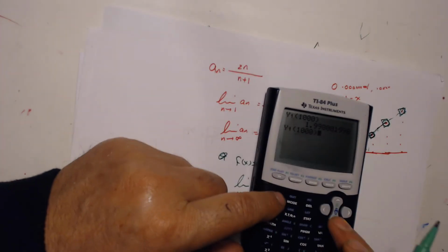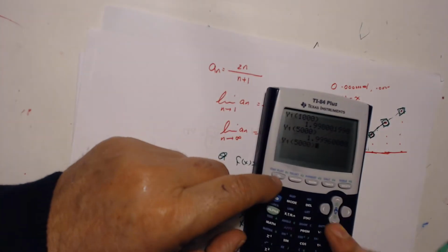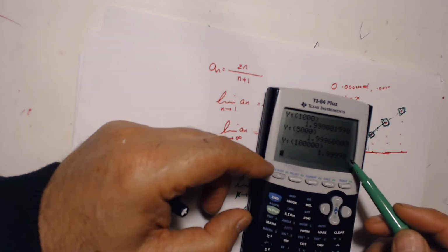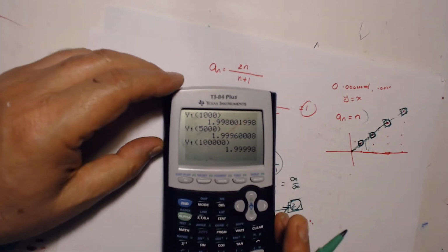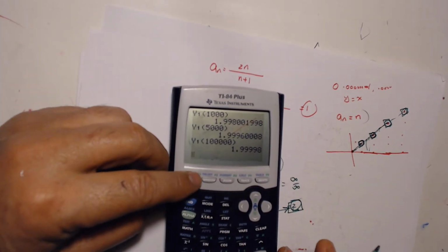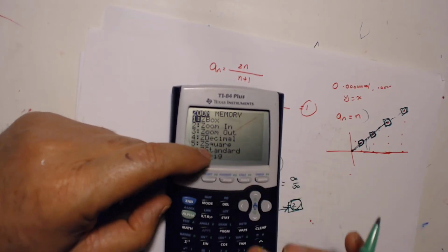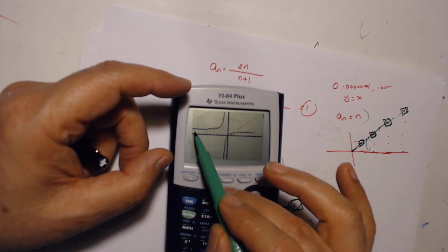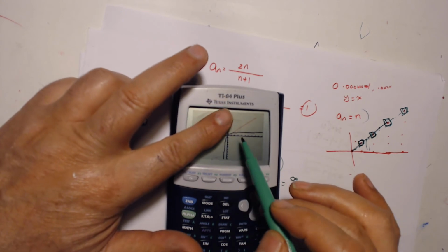When x is 5,000? When x is 10,000? See, the number is never going to get to 2. Somebody said, why does the number never get 2? Because whenever you graph that one, you see right here, and you cannot put the left side because here n is negative.